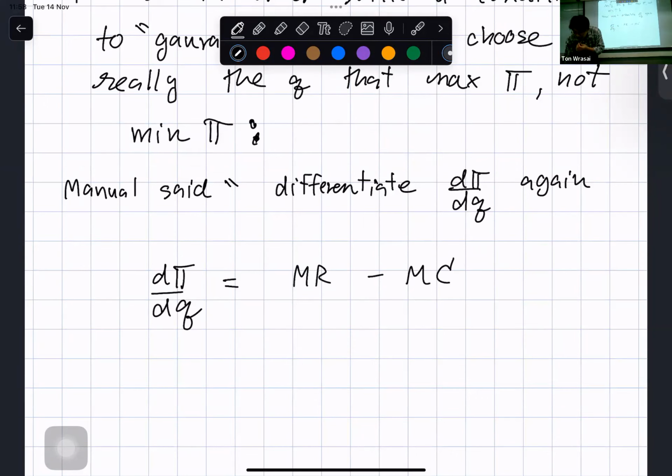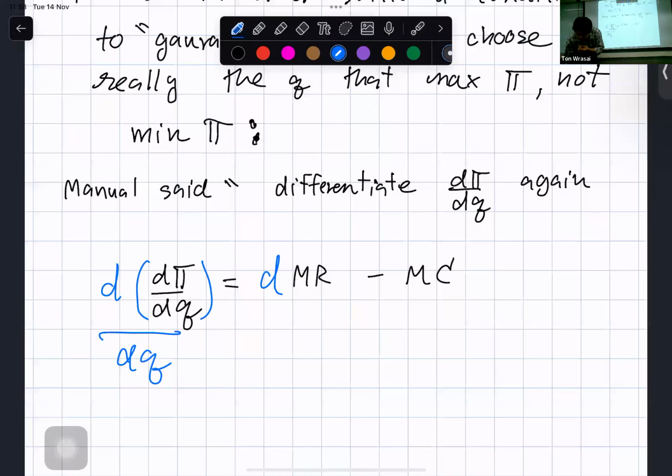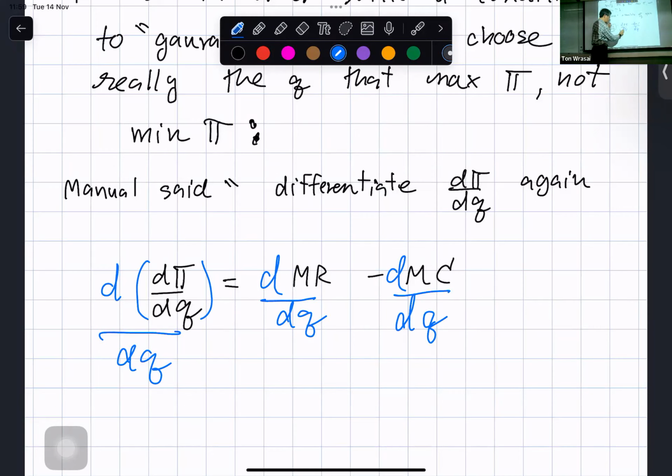What we did is do this d, look at this as a whole thing, again, right? We follow the instruction already. It asks us to do this whole thing by dQ: dMR by dQ, dMC by dQ.